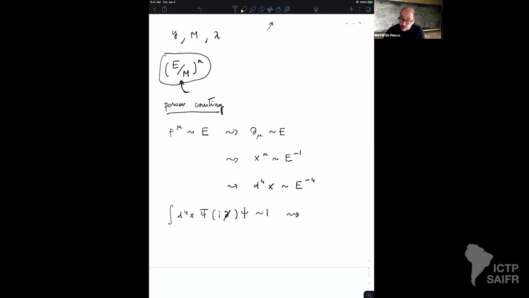And if you do that using these scaling laws above, you find that the kinetic term will scale like 1, provided ψ scales like energy to the 3/2. So in this case, ψ really scales like the engineering dimension. But as we will see in more complicated effective theories, that is not the case.